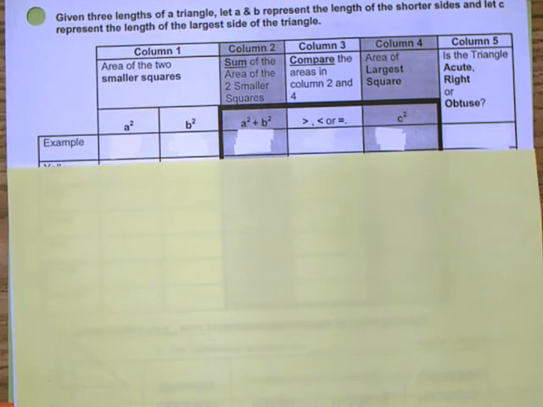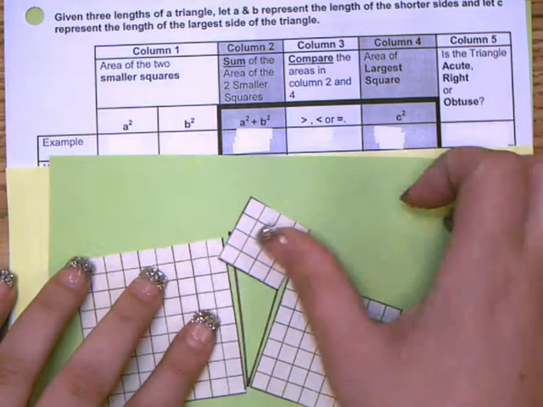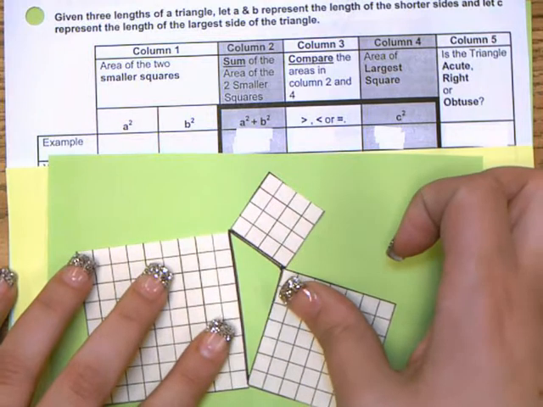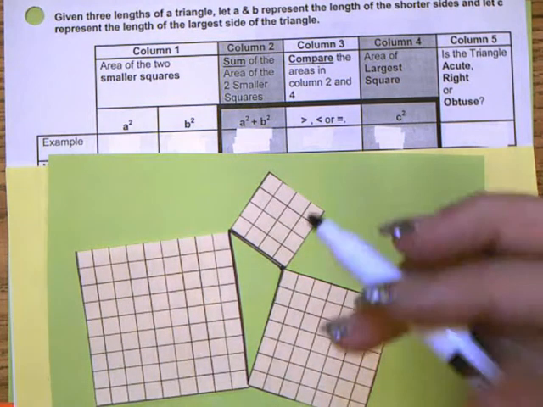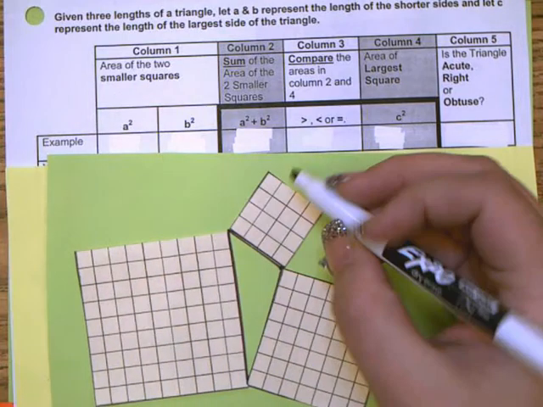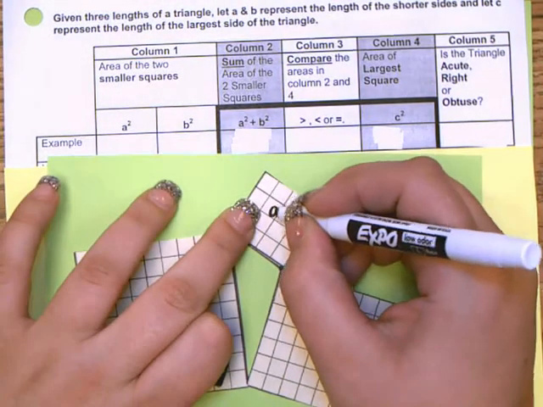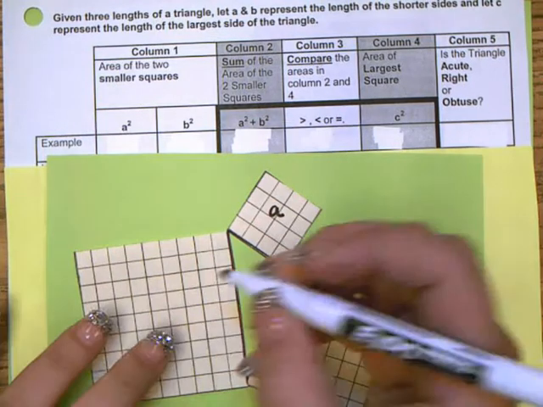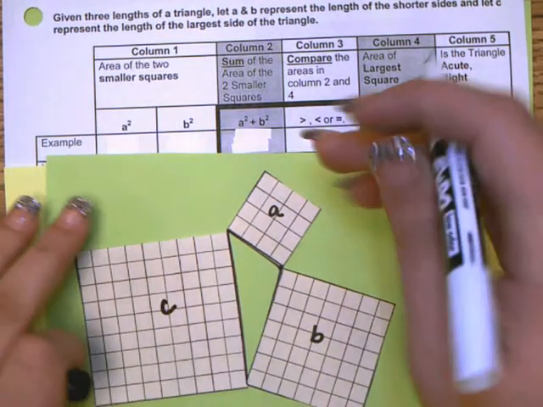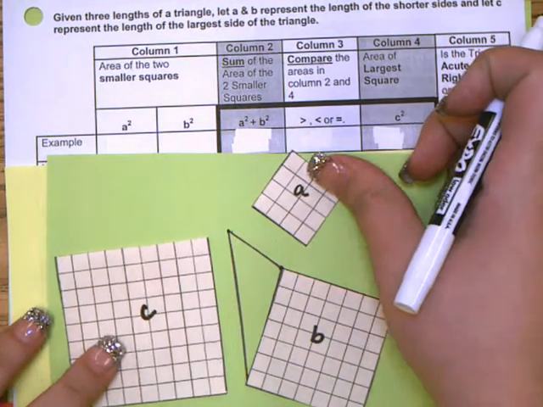So you're going to take the triangle that you just formed, and label your pieces A and B if they're the shorter sides. This is A, and this is B, and then C is the longest side.